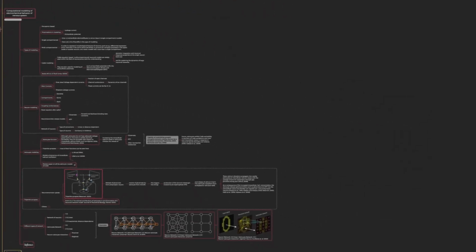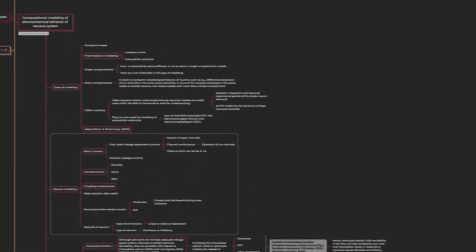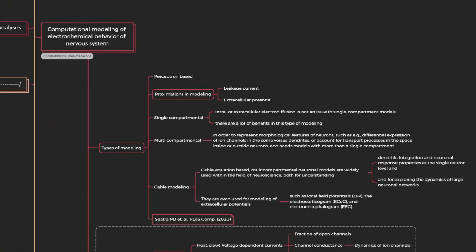Alright, we have the last part, which is the most exciting part, where the actual modeling happens, and all we studied and looked at is connected here. Different types of modeling happen because we use different types of approximation, and the most common of them is perceptron based, which is not actually part of computational neuroscience and spiking neural networks.